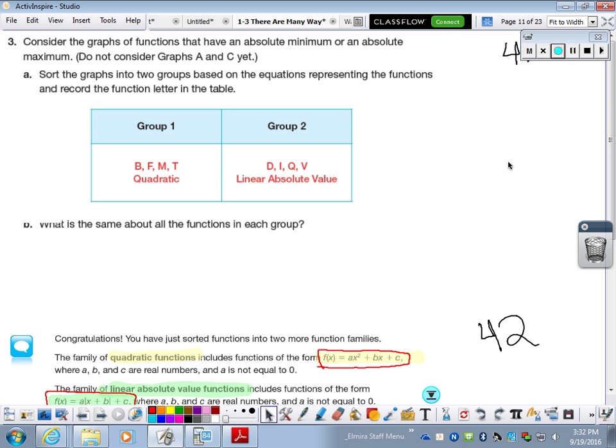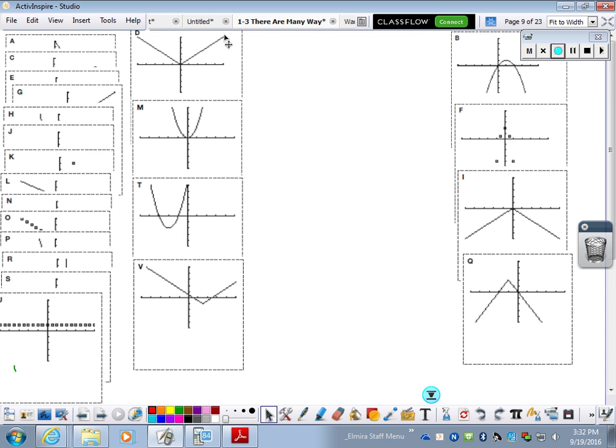Okay, now we're going to rearrange these functions. We have them first sorted by minimums and maximums. Then we're going to resort them. This time I'm going to save the right vocabulary word for just a minute from now. We've got V shapes and we've got U shapes.